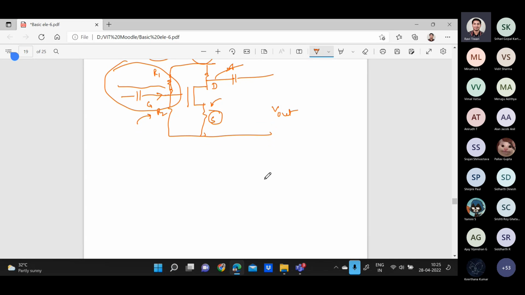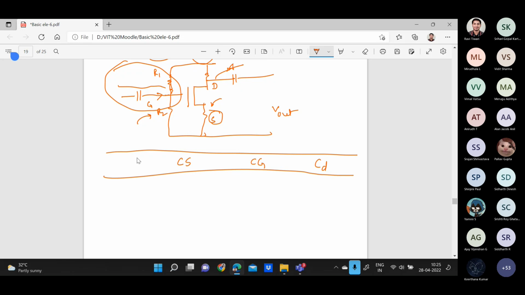I am making one table for you so that it will be easy. This is for the common source, this is for the common gate, and this is for the common drain configuration. Now, what will be the input terminal? In case of common source, it will be gate.